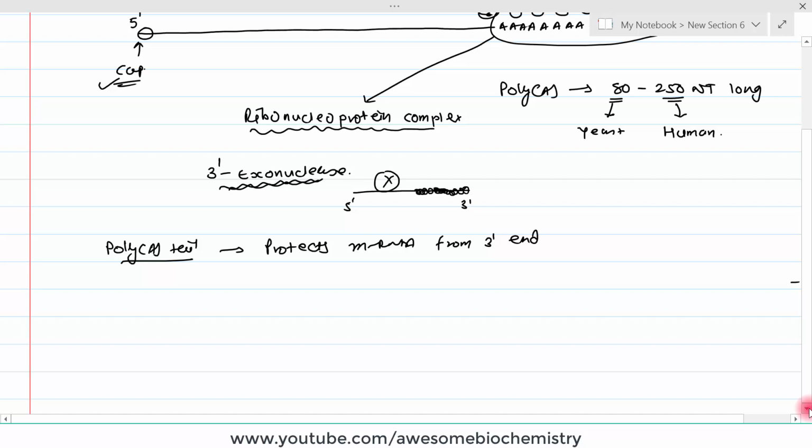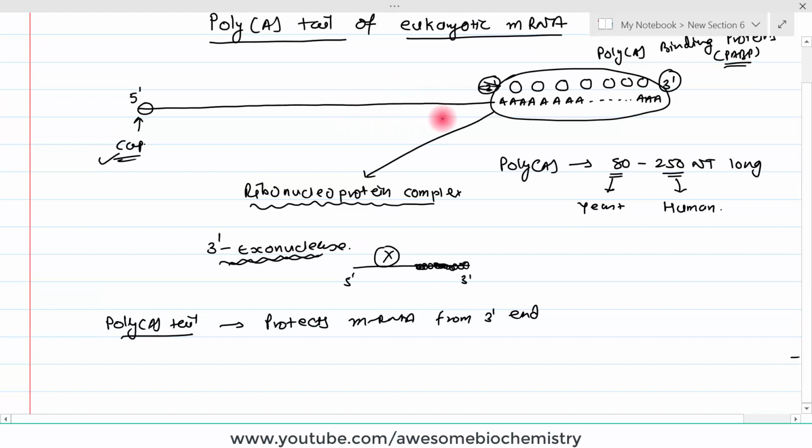Now, this poly A is very, very important in eukaryotic mRNA. You might think that just like all the other nucleotides in the mRNA chain, this chain may also be transcribed from the DNA, but that is not true.